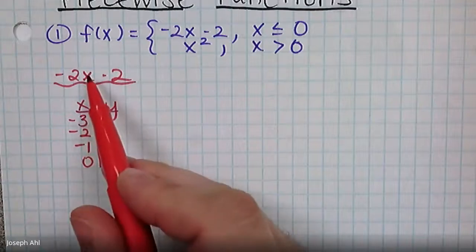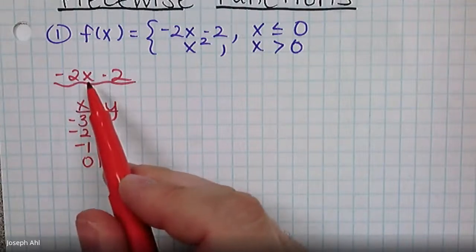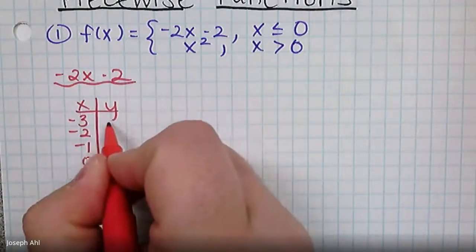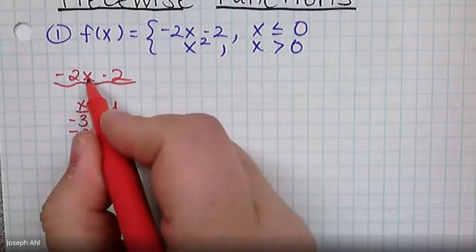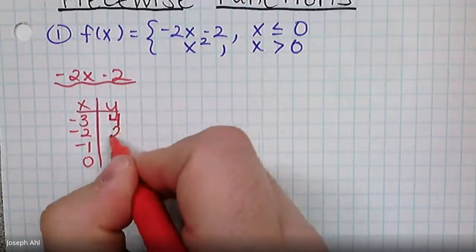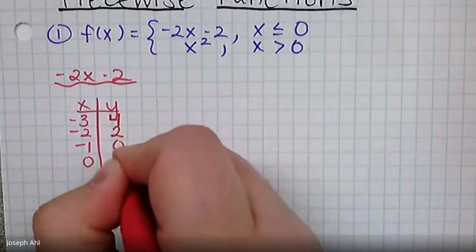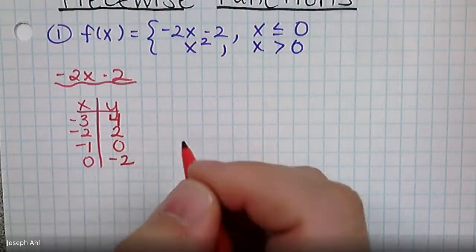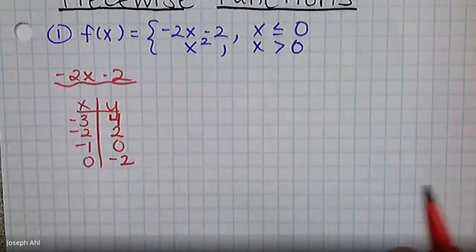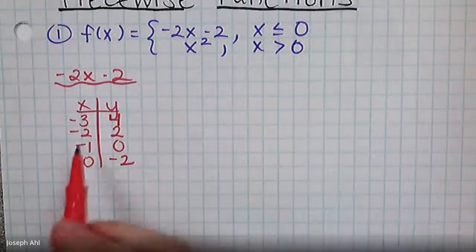So when I plug in negative 3, and just be careful there, negative 2 times negative 3 is 6, and then minus 2 is 4. Negative 2 times negative 2 is 4, minus 2 is 2, and we'll find that those y values will decrease steadily by 2 because that's the slope of this line. So that kind of makes sense to me.